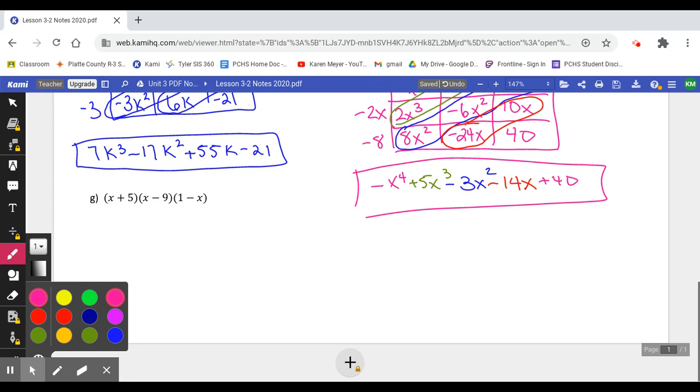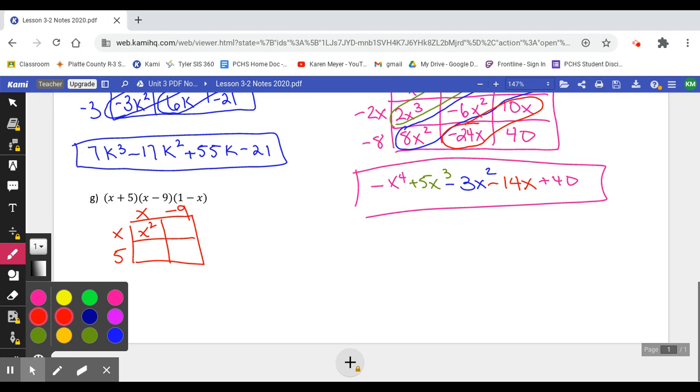Now our last example. This one, instead of just multiplying 2 parentheses together, you're actually going to multiply 3 parentheses together. When you're multiplying 3 parentheses together, pick 2 of them to start with. Doesn't matter which 2 you pick. I am going to choose the first 2. So I'm going to put x and 5 on the side, x and negative 9 on the top.